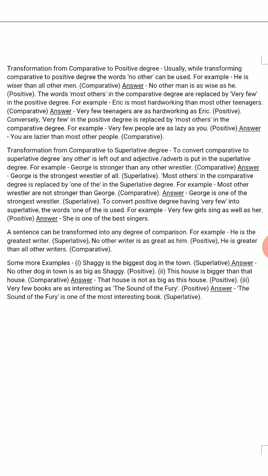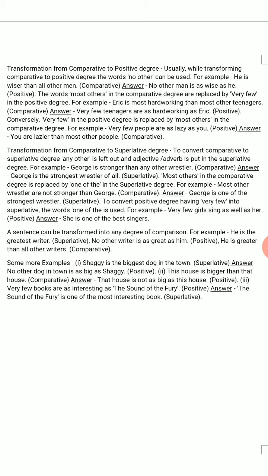Next one. "Most other" in the comparative degree is replaced by "one of the" in the superlative degree. Suppose in the comparative degree the words "most other" are being used, then you have to replace them by "one of the." Let's see one example.